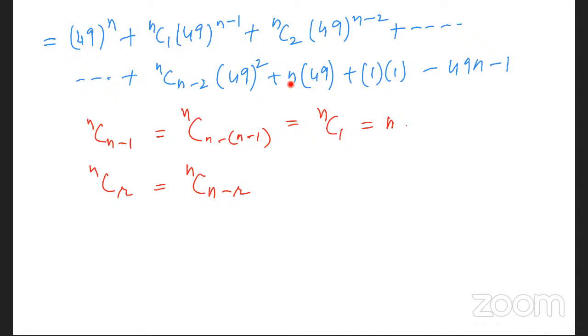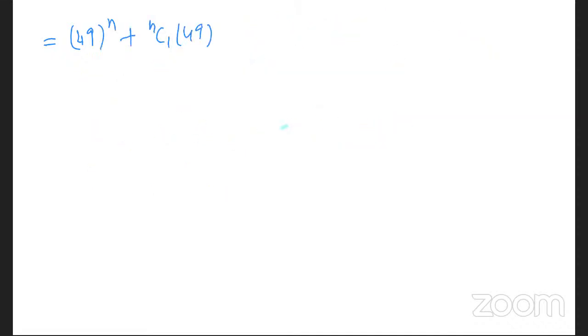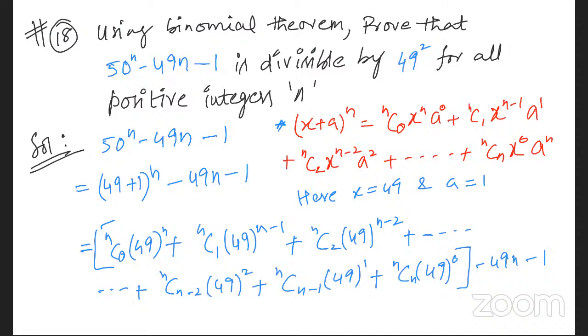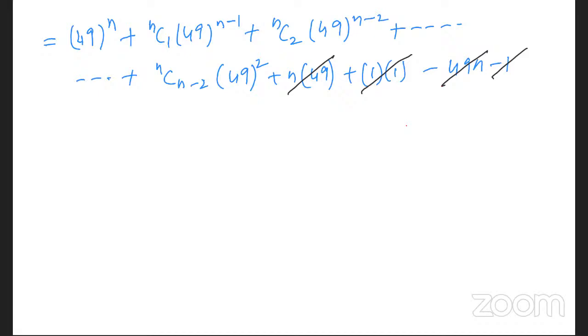Then the next step, look at this one. These two terms will get cancelled. n into 49 is 49n and minus 49n, and 1 will get cancelled because in the previous term nCn is 1 and 49 whole to the power of 0 is 1. So we've written 1 into 1.